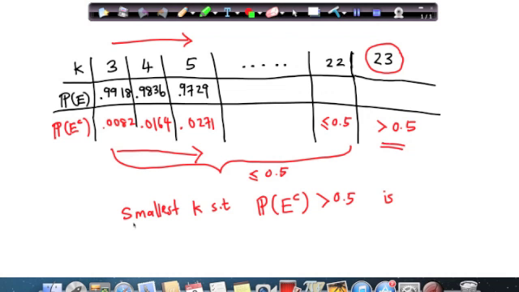All right, we conclude that the smallest k such that the probability of E complement is more than 0.5 is k equals 23. In other words, in a group of 23 persons, we can conclude that the probability of having at least 2 persons with the same birthday is actually more than half.